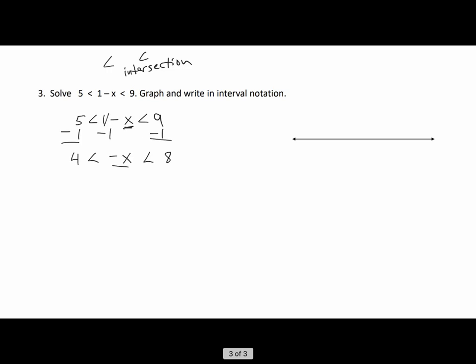Well, then we need to get rid of the negative symbol, right? So we're going to divide all of these sides by negative 1. So left side is negative 4, middle is just x, and right side is negative 8. But we divided by a negative number. So that means we need to flip these symbols.